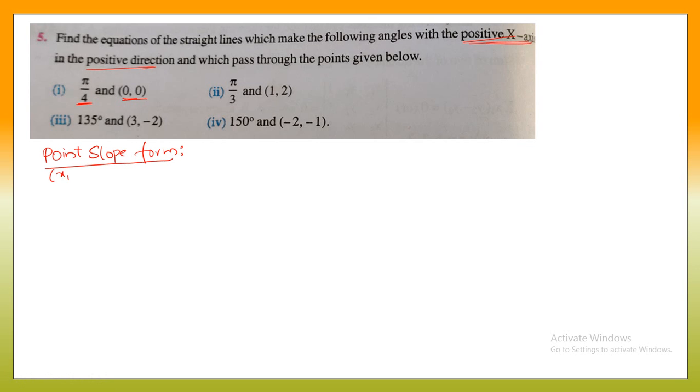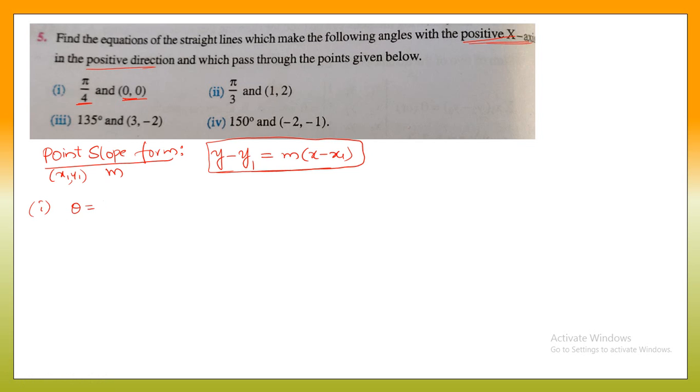Point means some (x1, y1) is given, and slope means m is given. So when m and (x1, y1) are given, then my line equation is written as y minus y1 is equal to m into (x minus x1). Okay, so we are going to use this particular formula to solve these problems. Okay, so question number 1. So what is given?